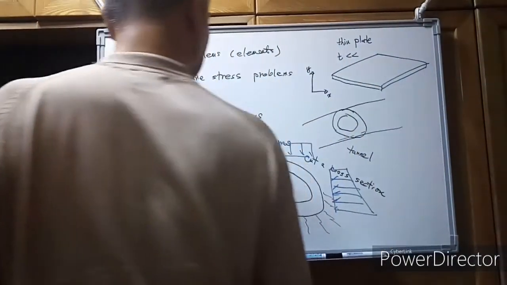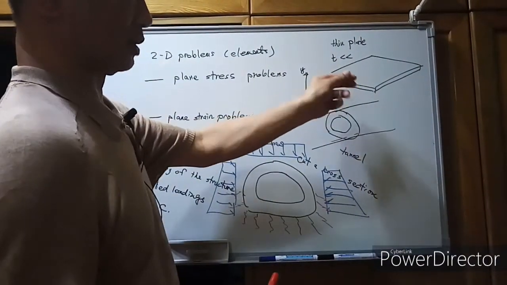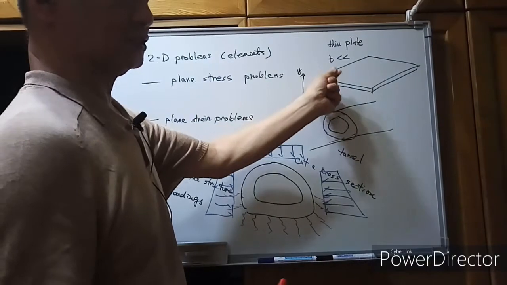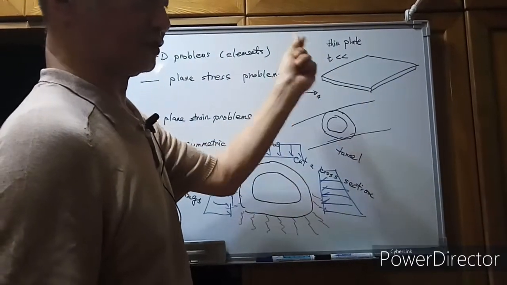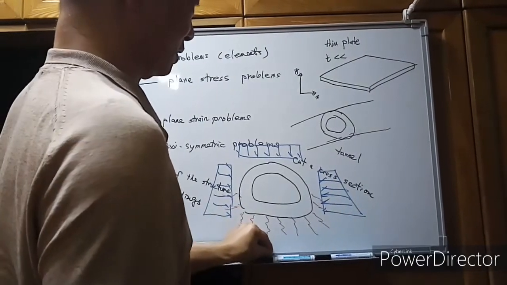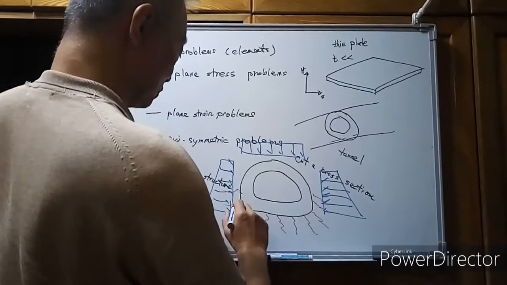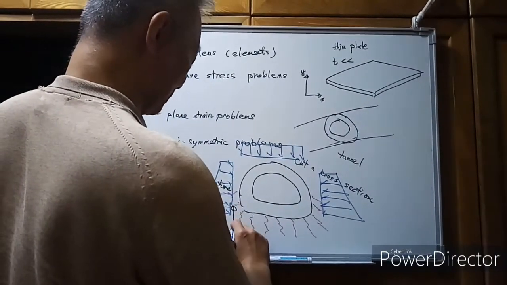Compared to the plane stress problems, where the thickness t is a relatively very small dimension, for the plane strain problems, usually we will say this one is the XY plane.